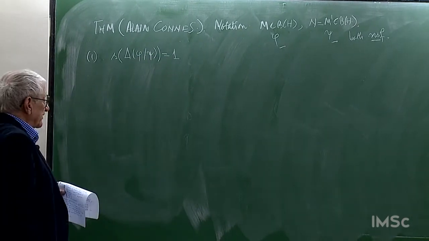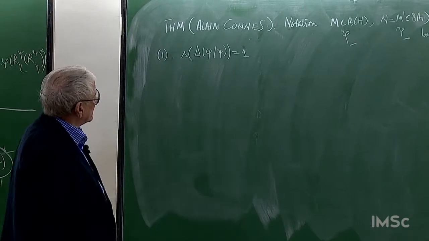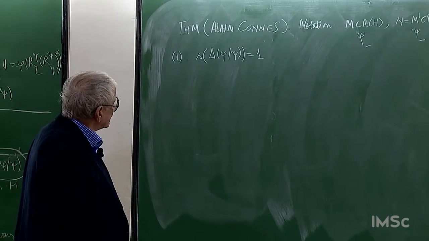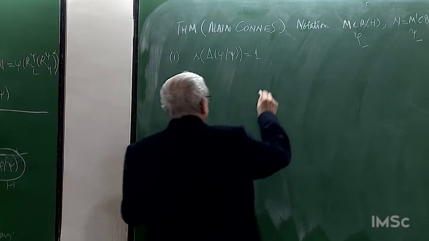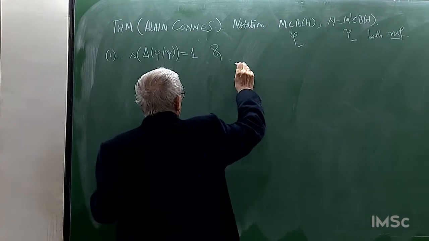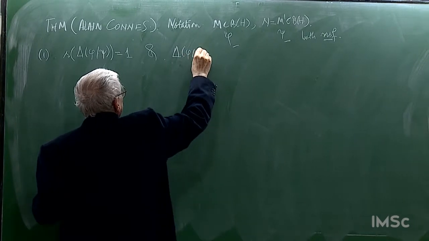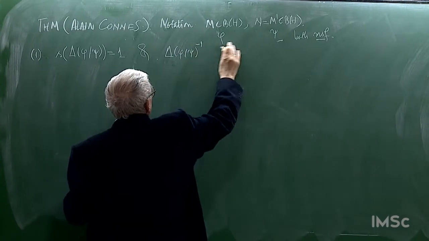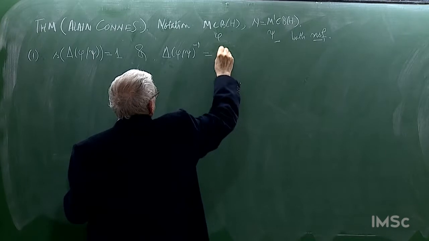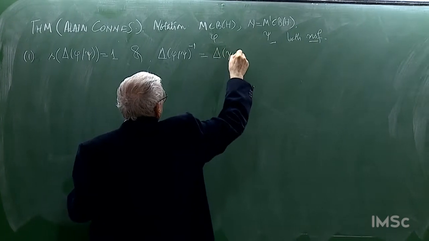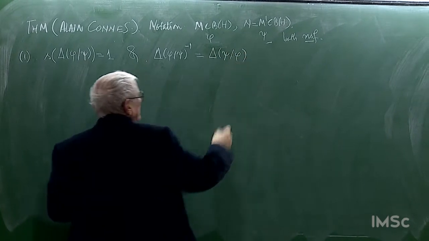That means the positive self-adjoint operator delta is non-singular, and the inverse of delta phi psi is equal to delta psi with respect to phi.